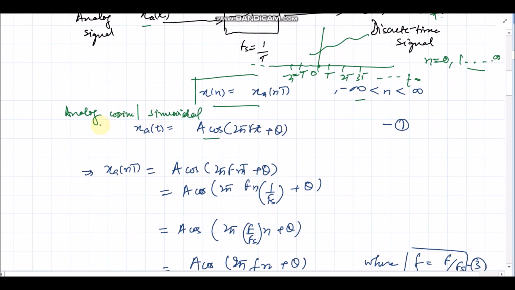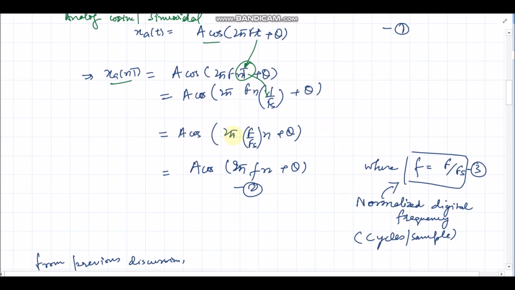So when we sample this analog signal, we get xa(nT) equal to A cos(2 pi f nT). We have simply replaced the value of t by nT, equal to A cos(2 pi f n 1 upon fs). We can write T equal to 1 upon fs.